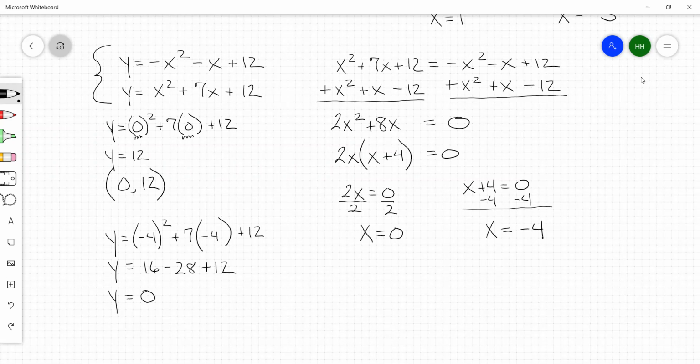All right, so your second solution is when x equals negative 4, y is equal to 0. So those are the two points on the coordinate plane where the parabolas intersect each other.